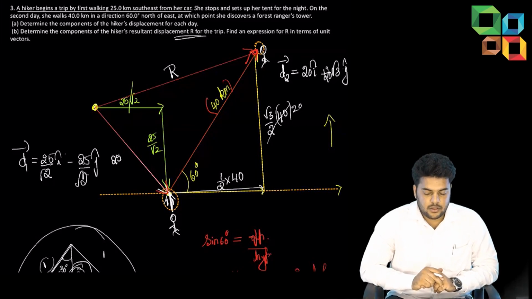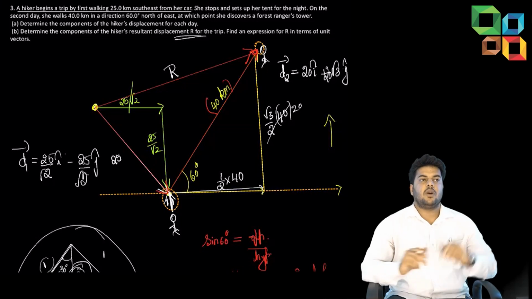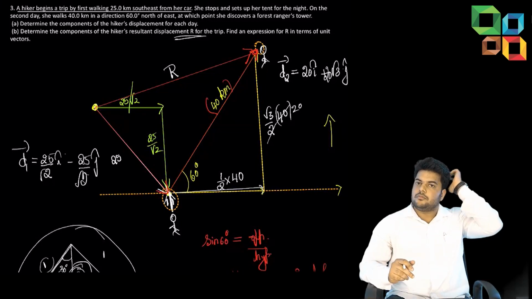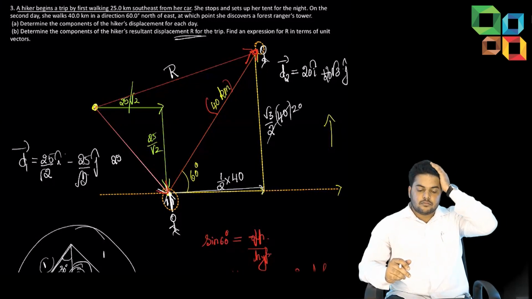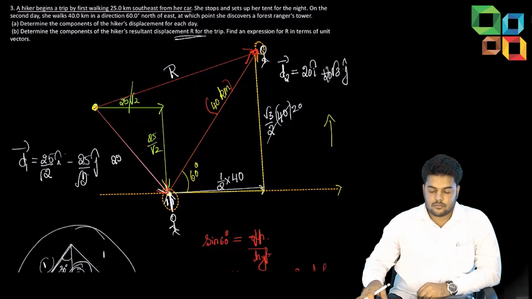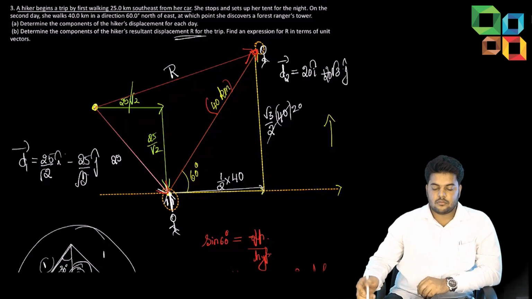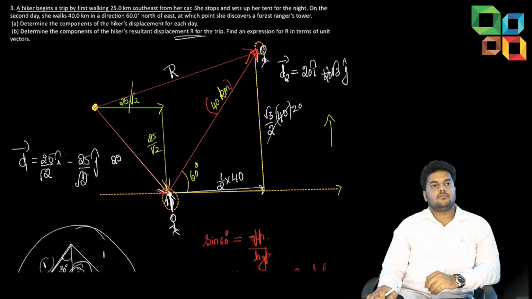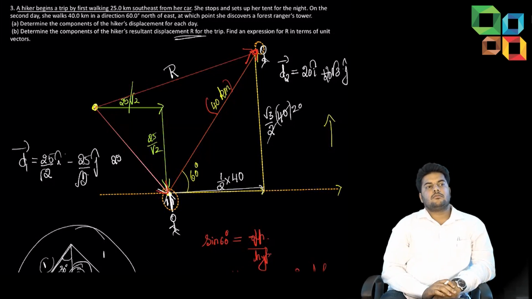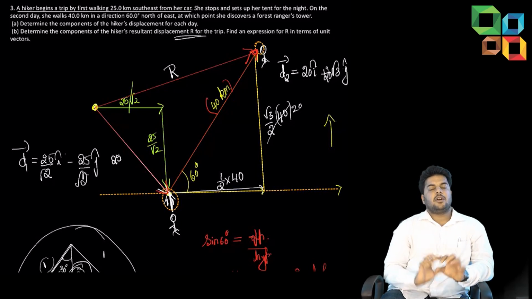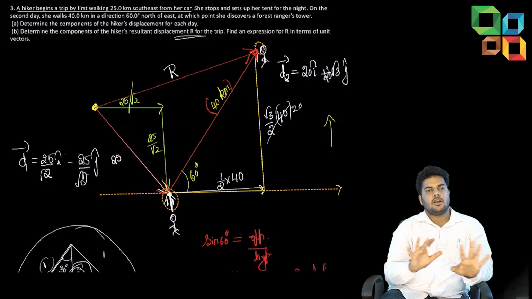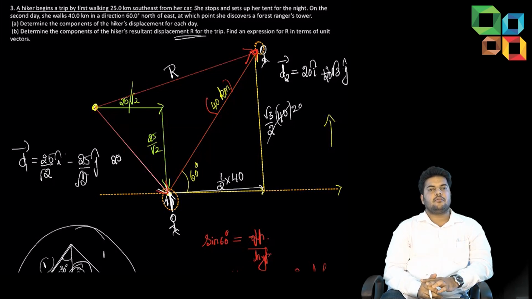You have written down D1 and D2, displacements 1 and 2. The problem might seem a little bit hard, but if you open your eyes completely, you'll see the right thing.